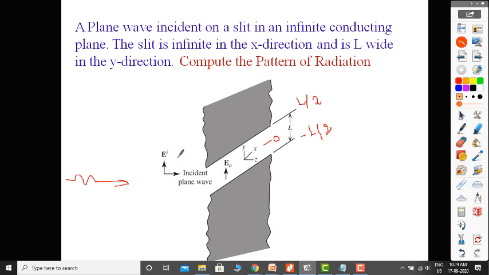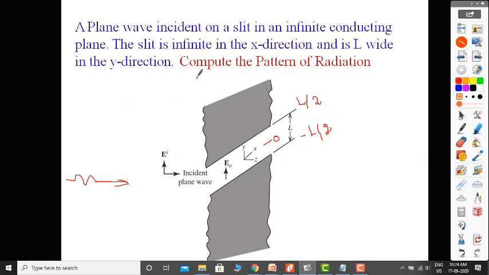So Ei is the incident plane wave, where Ei is the incident electric field. Now this electric field fills the gap, that is the slit. Therefore the slit is filled by the incident electric field. Over the aperture, we call this field Ea: E is the electric field, a for aperture.